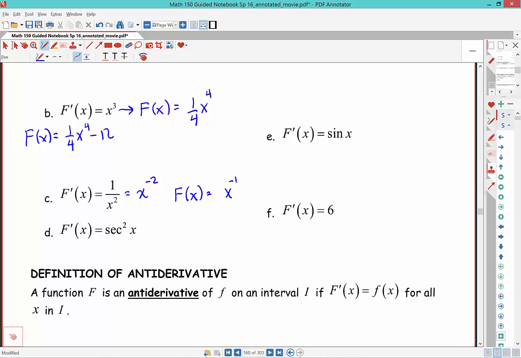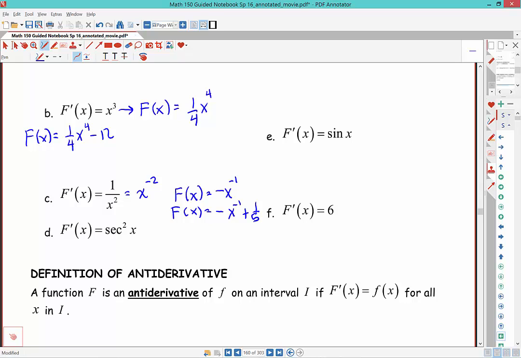Now, what else would we need to have? When you brought that down, you would have had a -1. So good, we would have had a negative. And again, we could have had capital F of x is equal to negative x to the minus 1 plus 1/5. We could have had a constant that zeroed out.